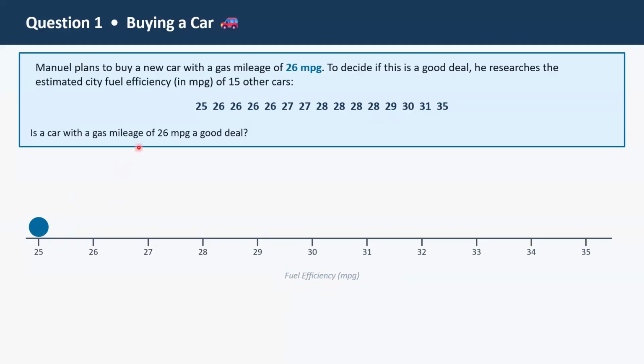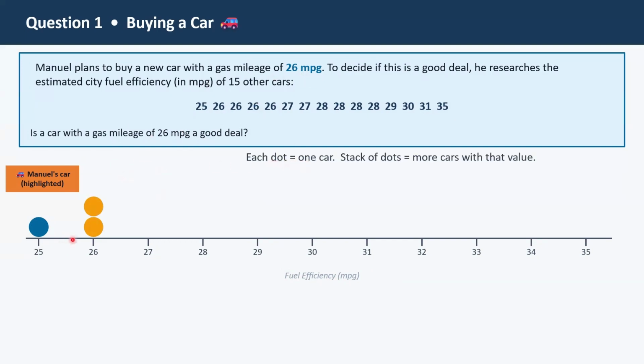Now there is one 25, so we'll put one dot where the 25 is. Next, there are four 26 values, so we'll put the four 26 values here. We are highlighting this because that's what Manuel's car is, 26 miles per gallon.